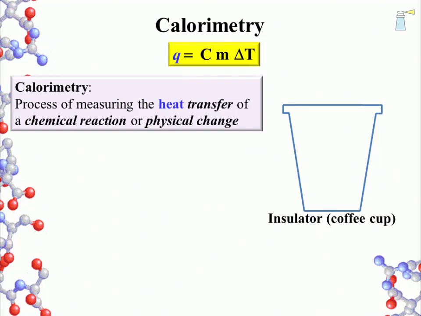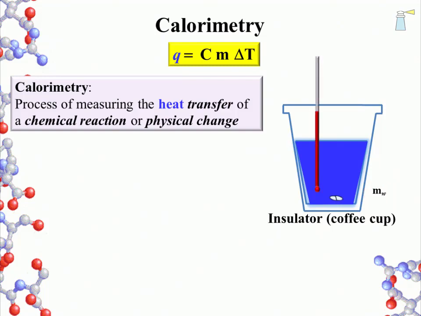That kind of experiment begins by adding a known mass of water to the coffee cup, M sub W. A stir bar and a thermometer are considered part of the calorimeter. The system is left alone until it comes to room temperature.